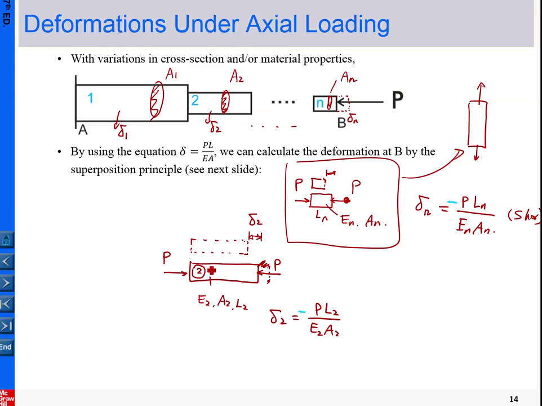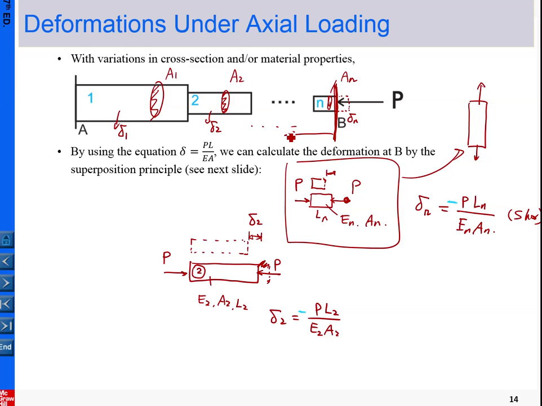So now the question is to ask, compared to the whole object, I want to know what is the total displacement of point B. What is this end? How much is this end going to displace?